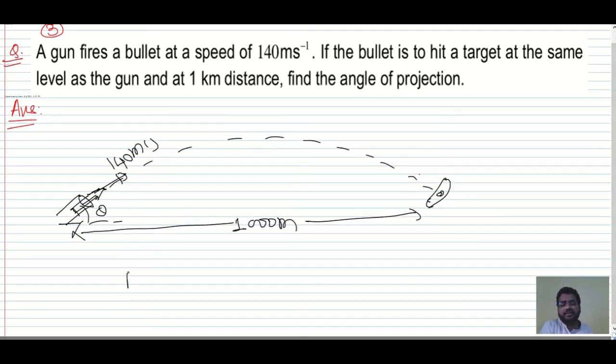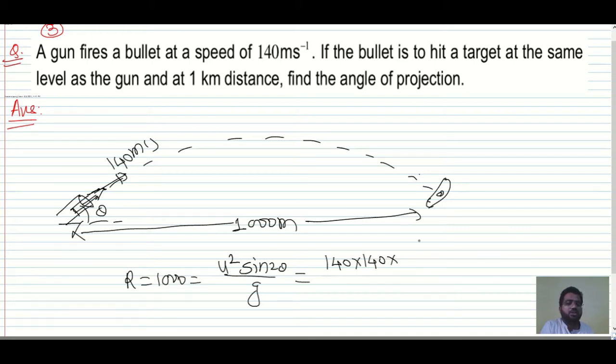So range is given, that is 1000 meter, and that has a formula u squared sine 2 theta divided by g, which is 140 into 140 into sine 2 theta divided by g, which we have as 10. So this 0 cancels.